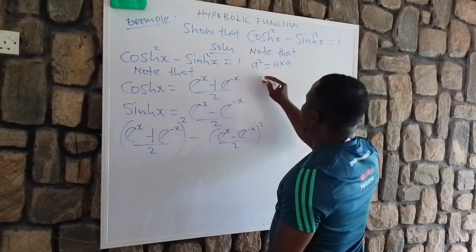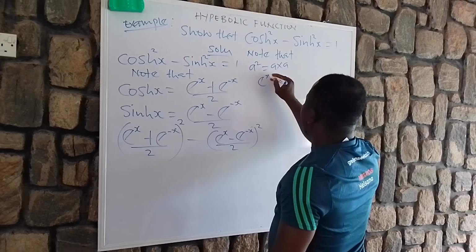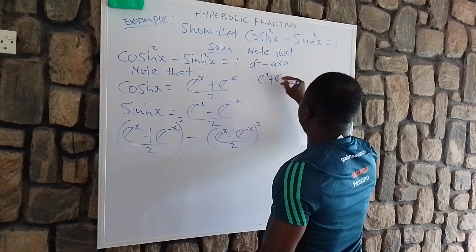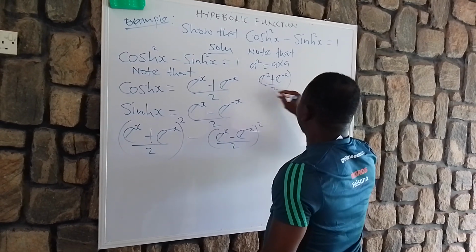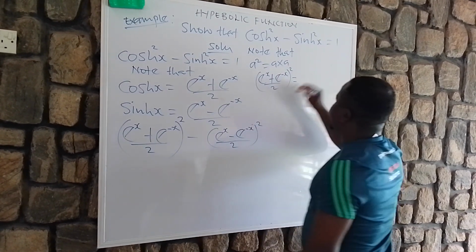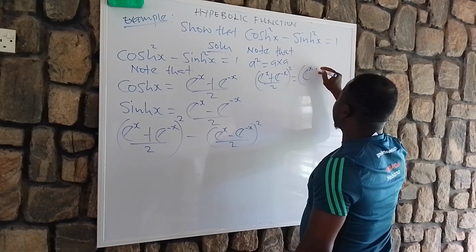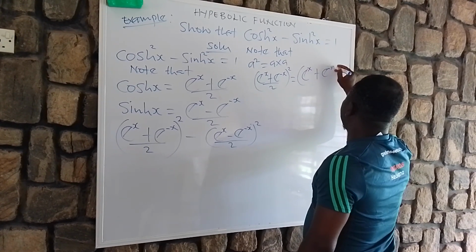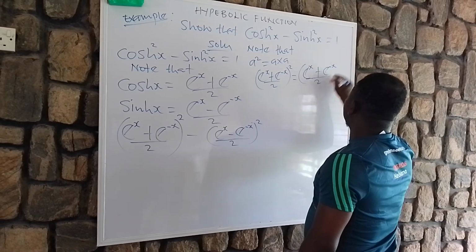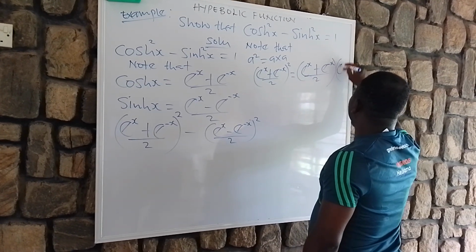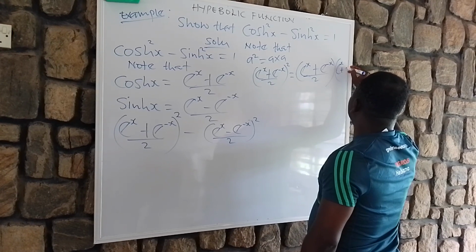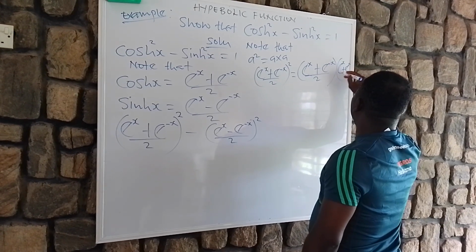Okay, so since we have exponential x plus exponential minus x all over 2 all in square, this is the same thing as exponential x plus exponential minus x all over 2 all in brackets times exponential x plus exponential minus x all over 2.